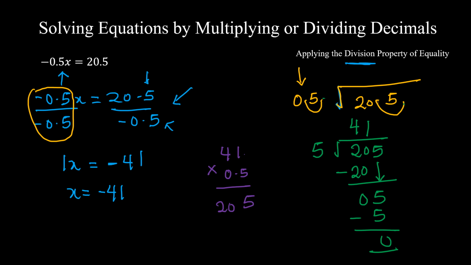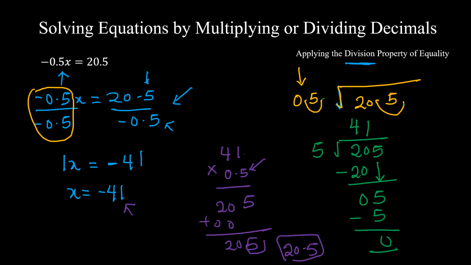And then for the 0, you just get 0. So you add that, you get 205, but there's one decimal place here, so there should be one decimal place in your answer. So 20.5. And it should be positive because 0.5 was negative, and then it's negative 41 here. So our answer is correct. We did get 20.5. So we know we're right.